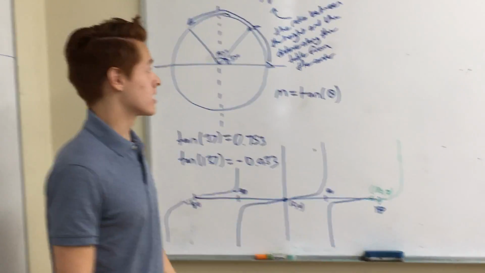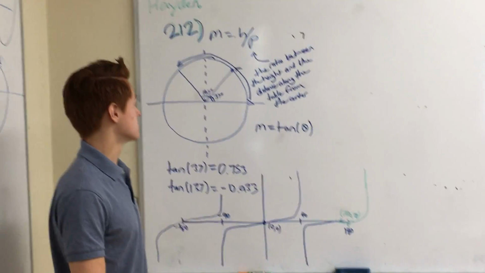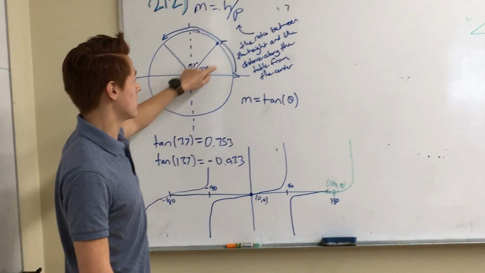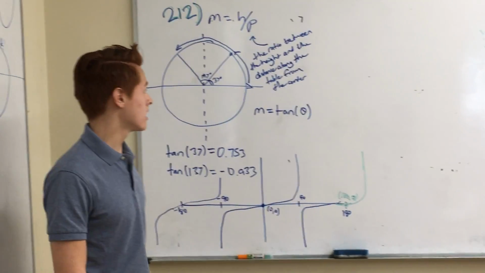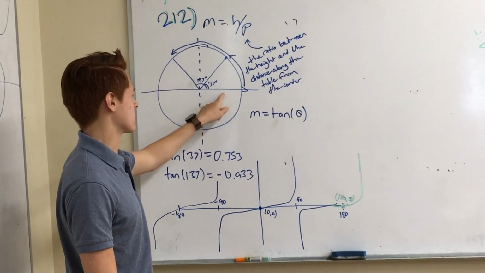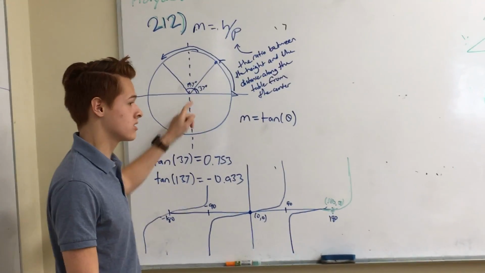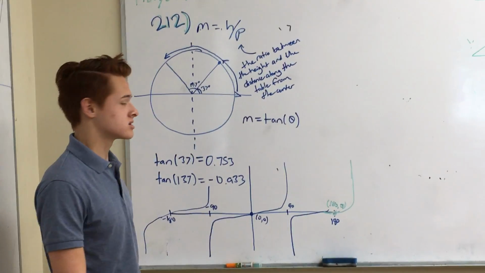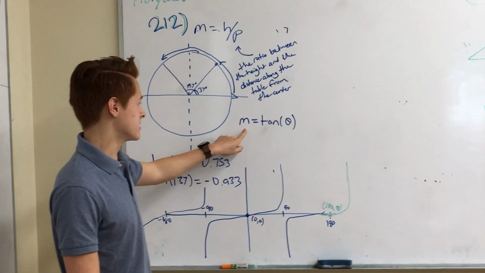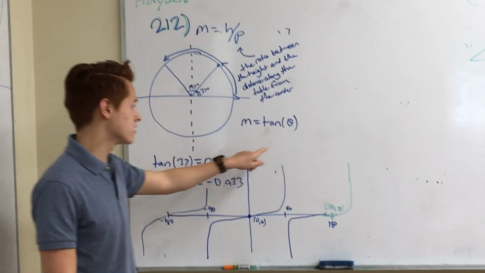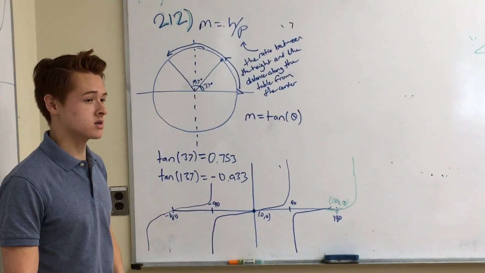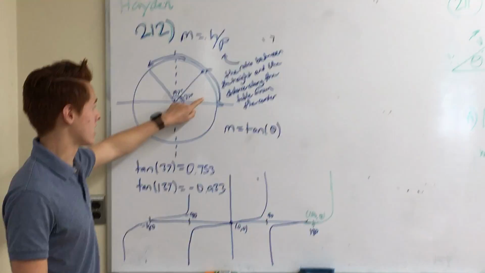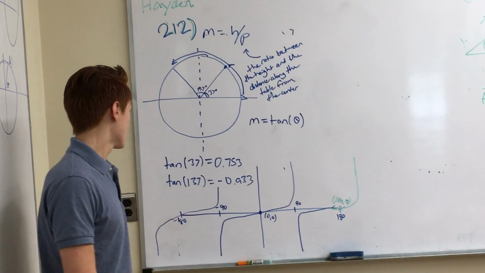Okay, so for this one, you're asked to find M, which is the ratio between the height of the tooth of the saw and its distance along the table from the center, or from this middle line. So basically, M is just the tangent of theta, because tangent is the ratio between that height and that length.